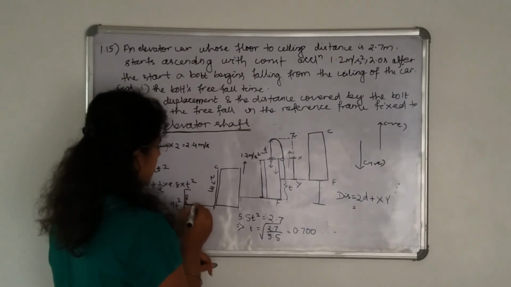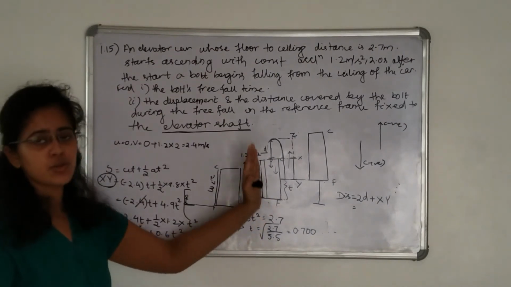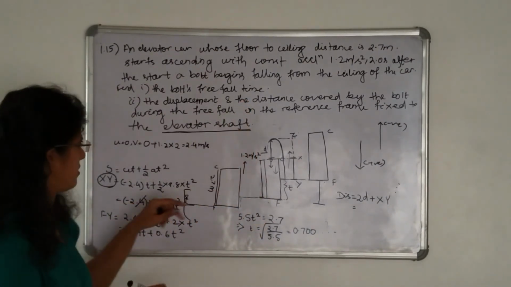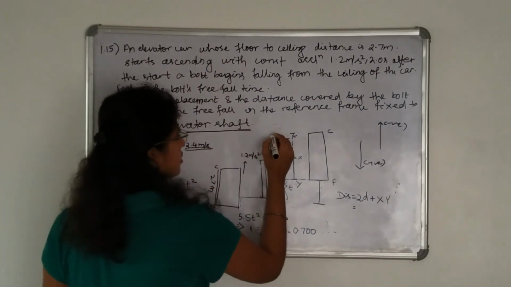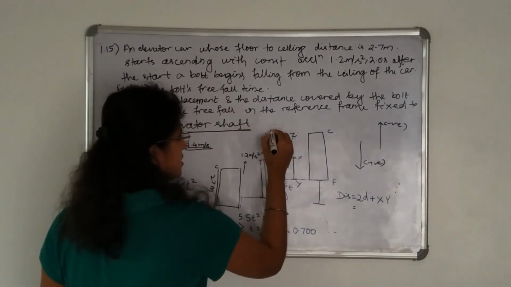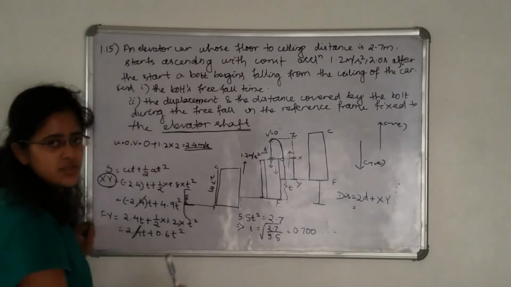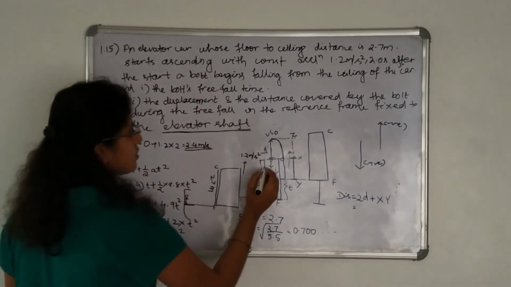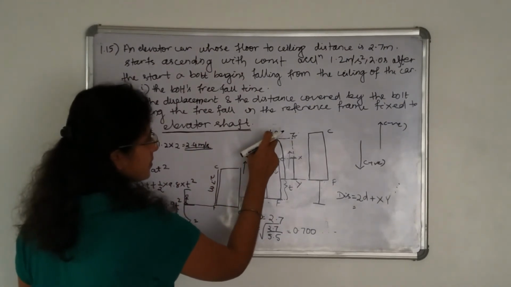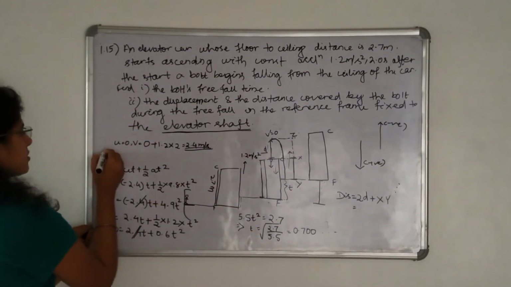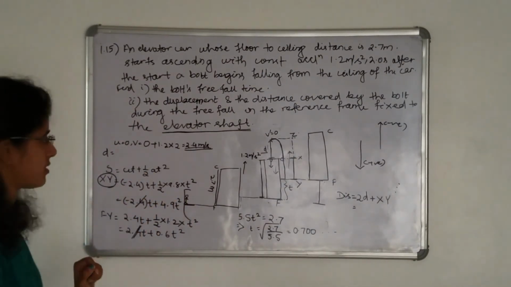So for me, as I am in the yard frame, the initial velocity of this board is how much? 2.4 meter per second in this direction, that is this velocity. To reach here, the velocity should be 0, so that it again starts falling in this direction. So here the initial velocity is 2.4 meter per second and the final velocity will be 0. So d distance is how much? v square minus u square is equal to 2as.